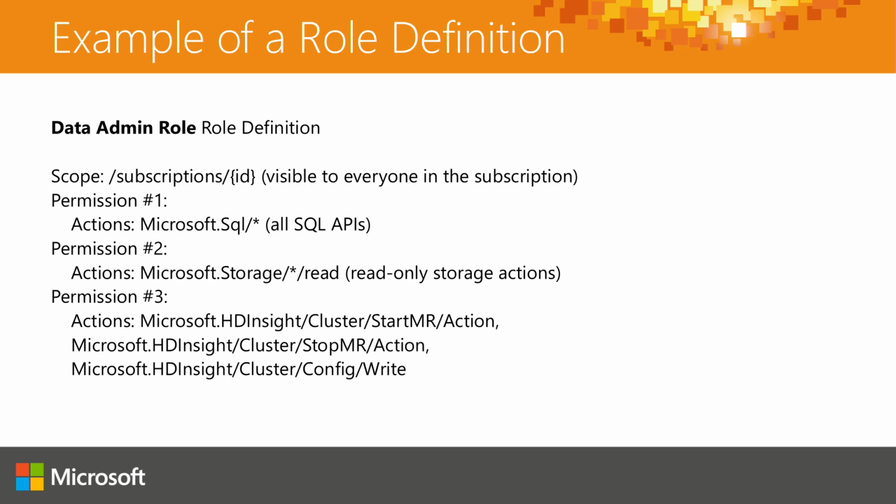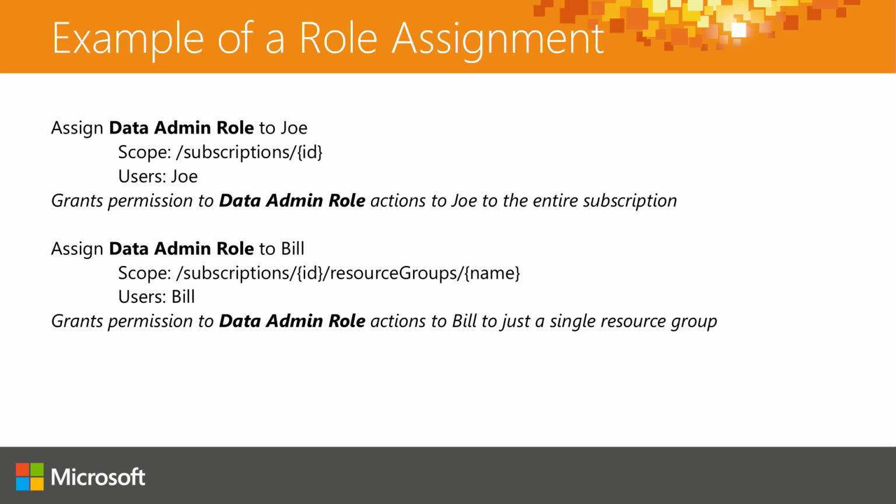Here's an example. The built-in role definitions show examples of common access patterns you can use right away, or you can make custom role definitions that nominate the specific permissions that you want. And we'll look at the destinations, or the scopes, that you can assign things to, right?